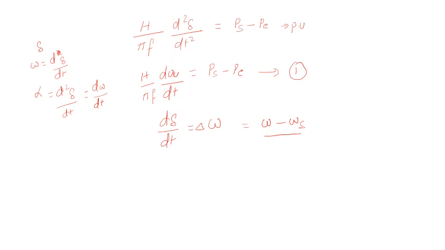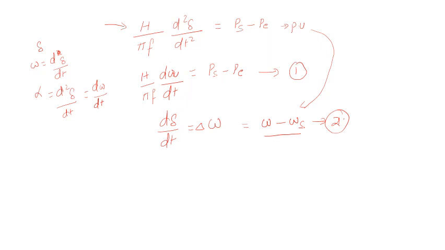This equation comes only when the power changes, meaning there is a difference between mechanical input and electrical output. And if there is a power change, that has an effect on your speed change. So there has to be a speed change, then only this equation will come into the picture.